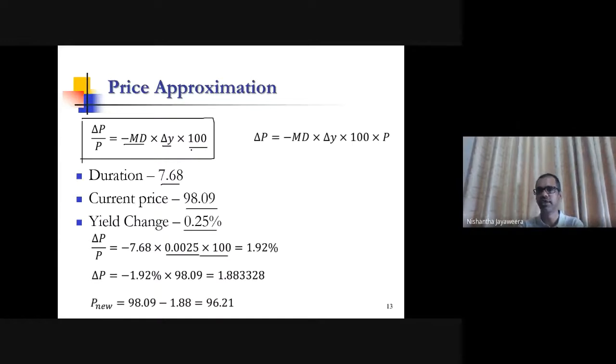You can use it that way as well, but I'm not recommending that because later there is another equation where we have to use this way. It's better. So the answer comes as 1.92%. When the yield changes by 0.25%, the price of the bond will change by 1.92%. Remember, this is not the duration. Duration is 7.68. Even though I said duration, this is the modified duration.